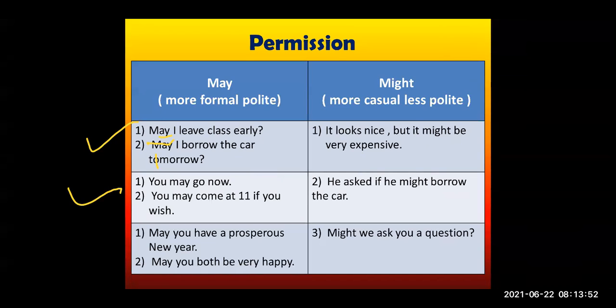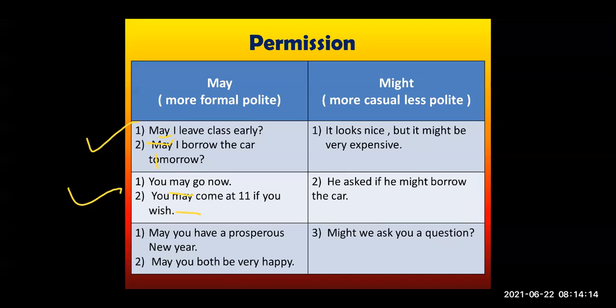You may go now. To give permission also, we use the modal auxiliary may. So, you may go now. You may come at 11 if you wish. So, here again, may is used to give permission.